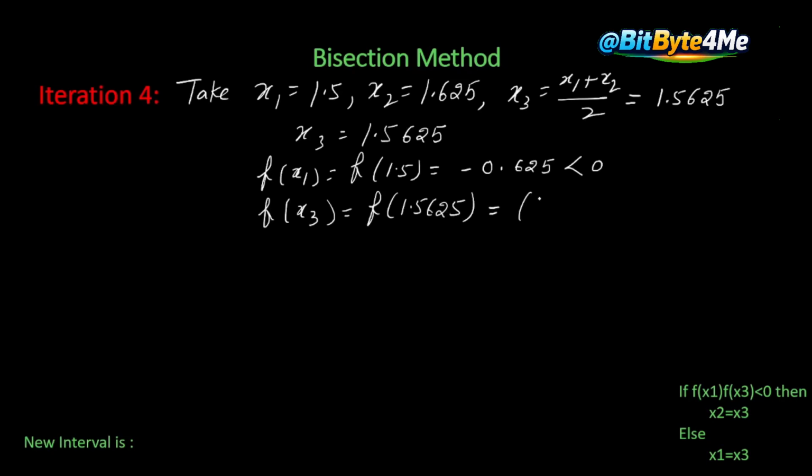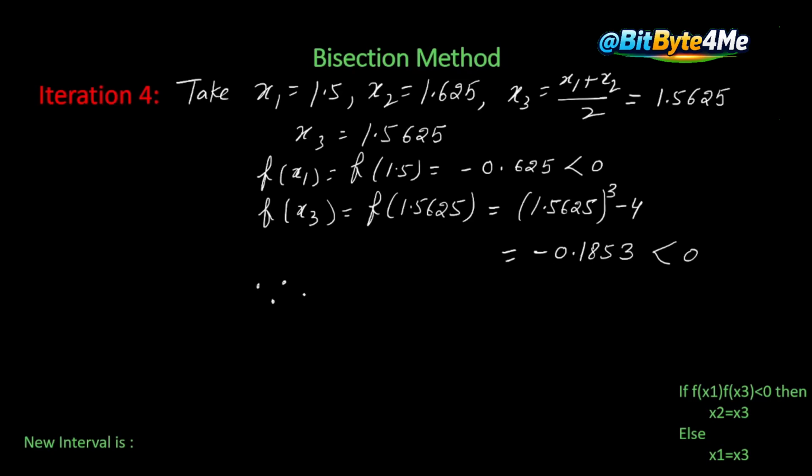Put this value in the equation, 1.5625 cube minus 4, and if you perform the calculation, its value will be minus 0.1853, which is less than 0. So both values are less than 0. f(x1) is negative, f(x3) is negative, so the multiplication will be positive.